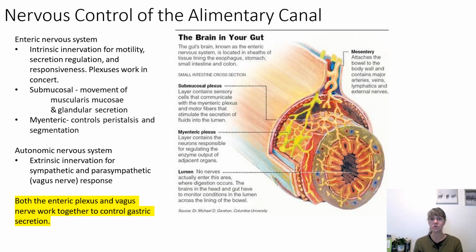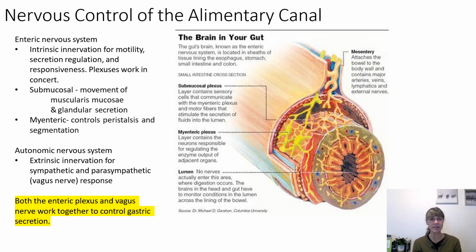When it comes to nervous control of the alimentary canal, we've got two main systems that regulate this. There's an intrinsic enteric nervous system. By the way, enteric means intestines. So the enteric nervous system is intrinsic control for motility, the regulation of secretion, and responsiveness, where networks or plexuses work in concert with one another.